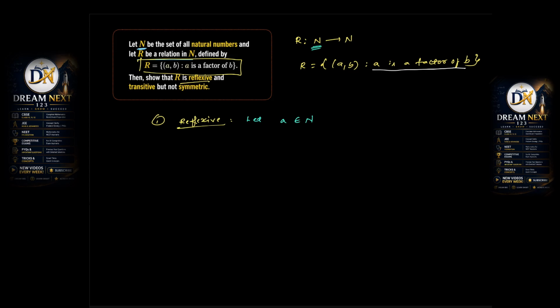If I write a is related to a, that is a comma b with a in place of b also, then a is related to a. That means every element in the natural numbers is related to itself. That means a is a factor of itself.